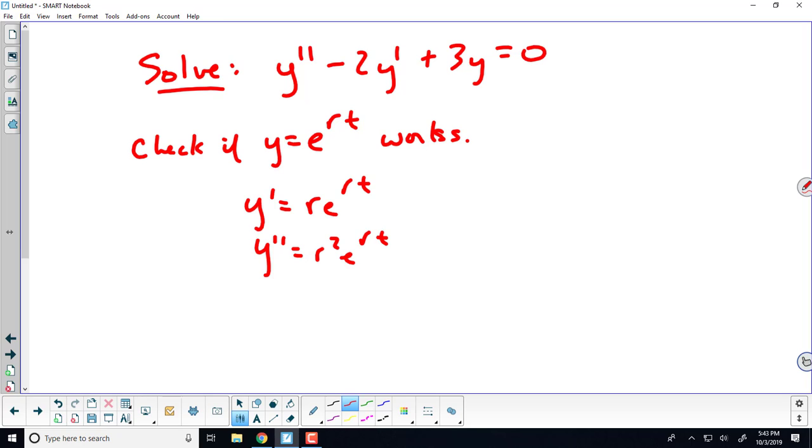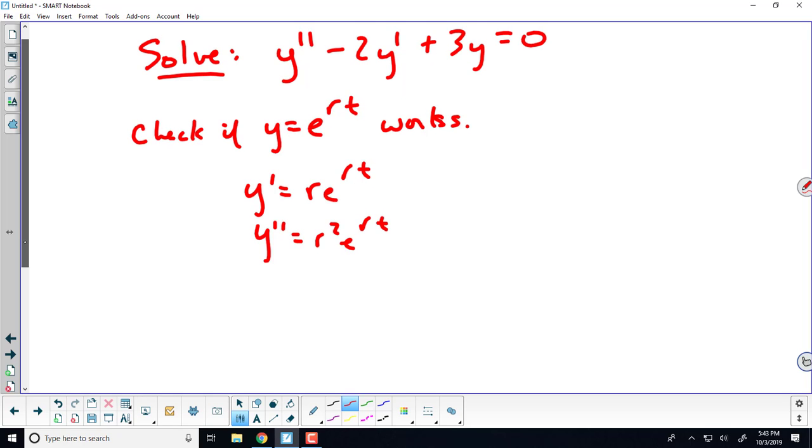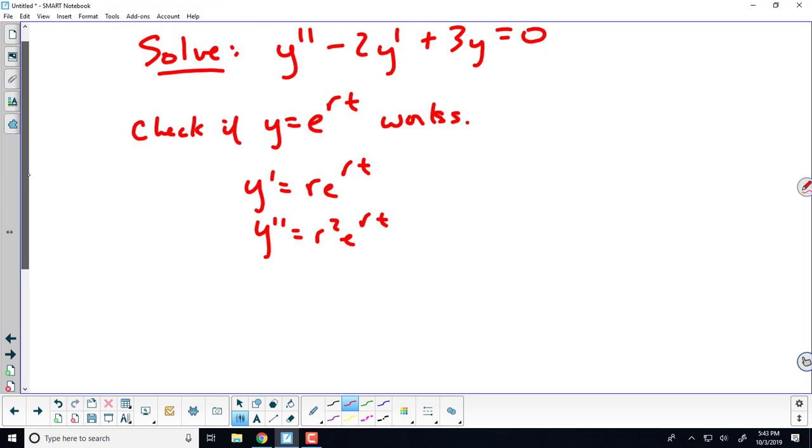We're only going to have to do this one time. When you're doing your homework problems, you'll just jump to the big result here. So we substitute these in, and we end up with r squared e to the rt minus 2r e to the rt plus 3e to the rt equals 0.